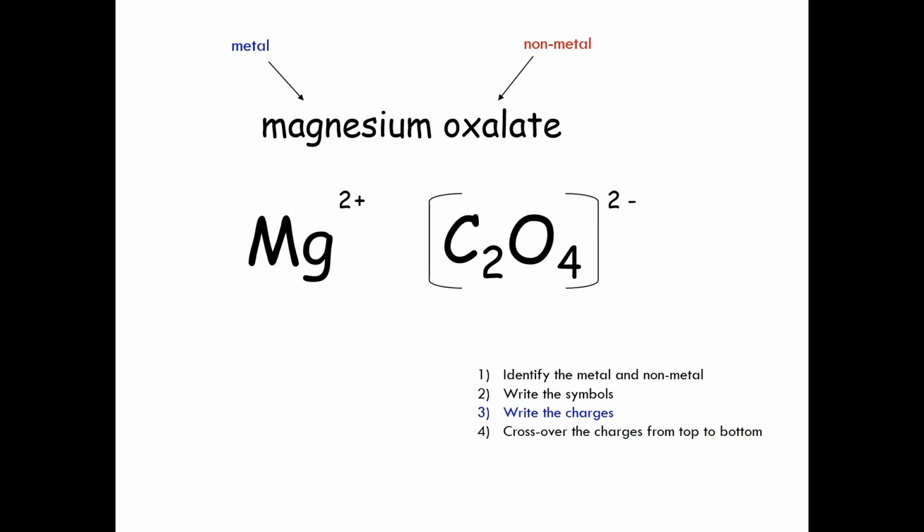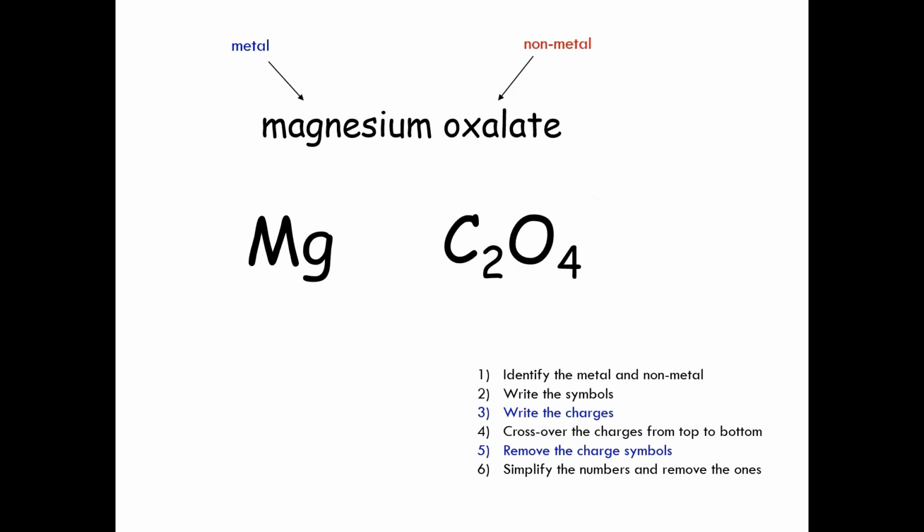Cross the charges over from top to bottom. Remove the charge symbols. And now simplify the numbers. Now keep in mind, I put brackets around oxalate to keep the 2 of the charge separate from the number of atoms of a particular element within the ion. And so now that I'm simplifying, I can actually remove those 2's and remove the 1's that have replaced them.